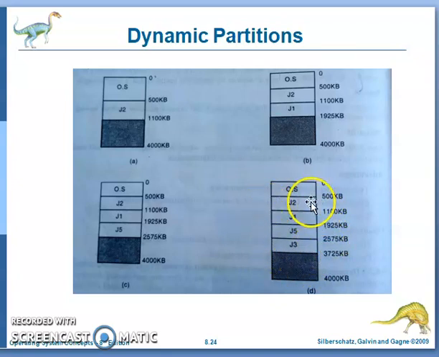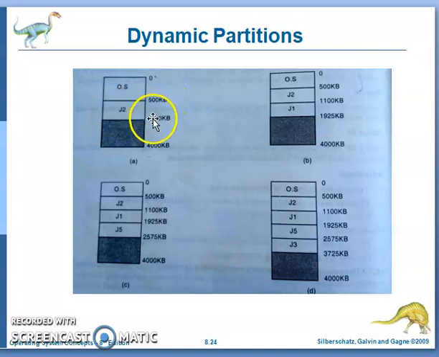Whenever a job is completed, just remove that particular job, and compaction is the technique: compact and make the available space at the bottom, and the last job 4 is allocated lastly. Dynamically the partition sizes vary. Partitions dynamically change.